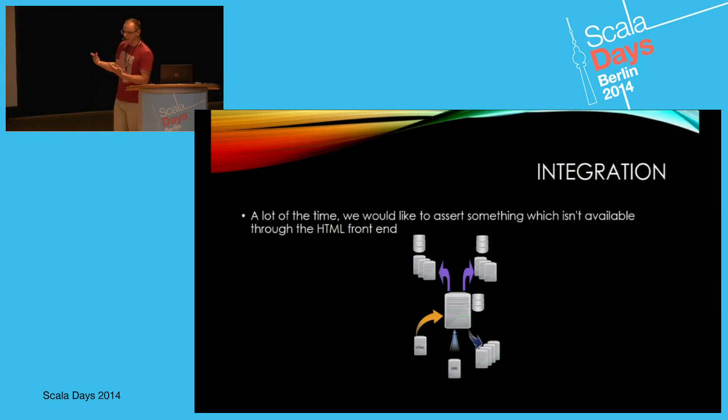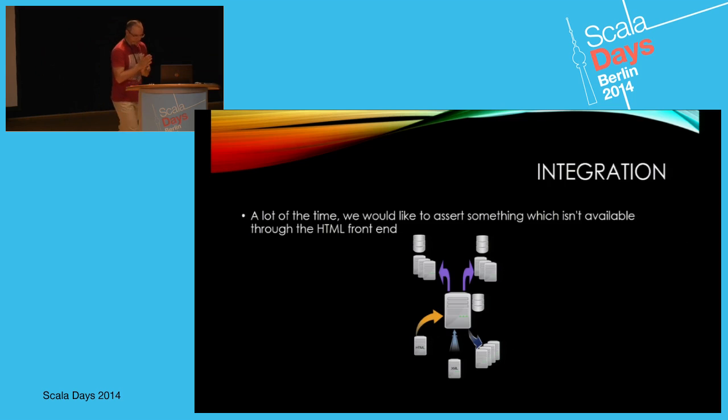So it's not particularly useful to be able to say, has something changed on a front-end page? And so we need to extend what we're doing to make sure that all of these things are taken into account.